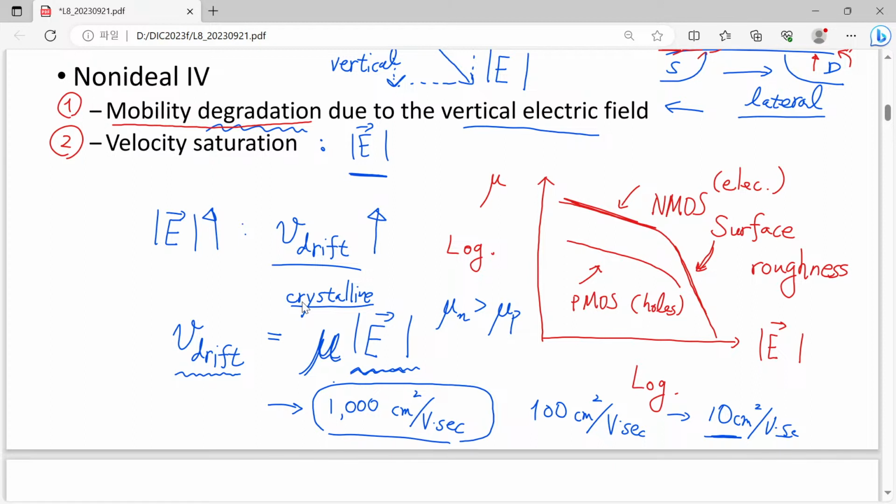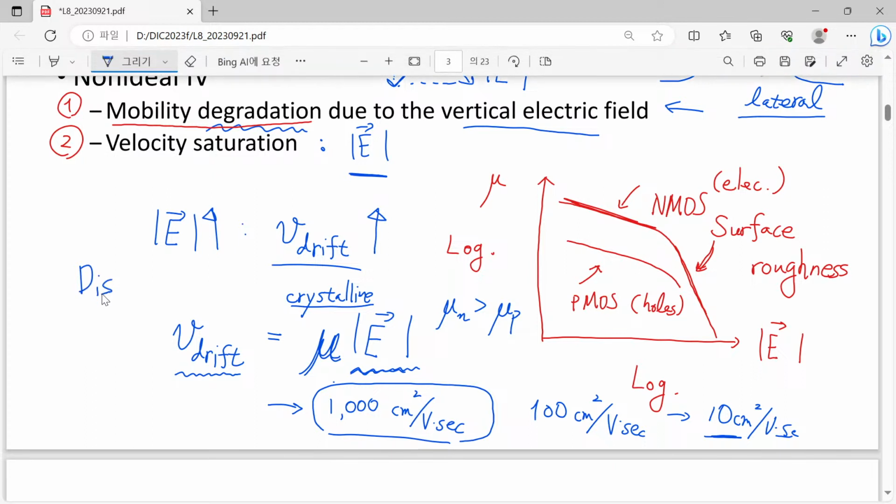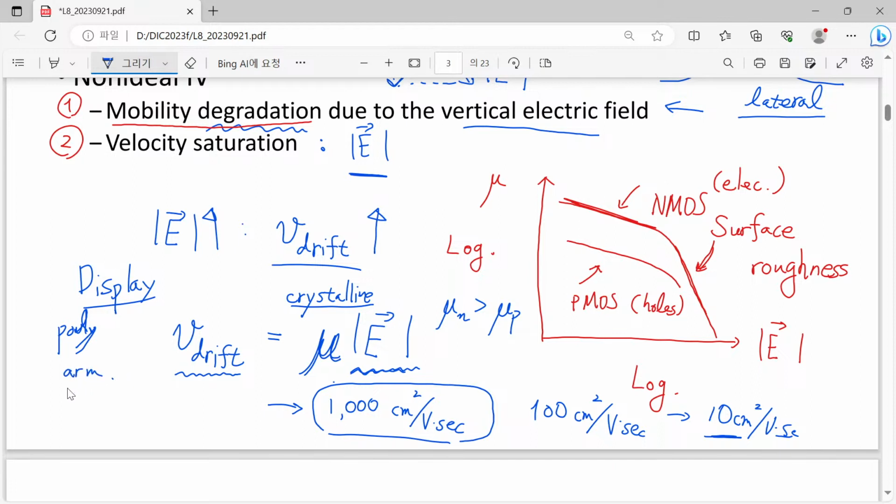However, in some cases, for example displays, instead of pure crystalline silicon you can use polysilicon, or sometimes even amorphous silicon.